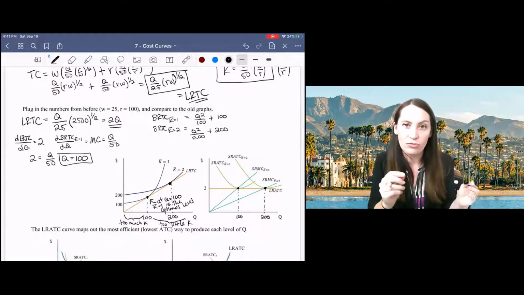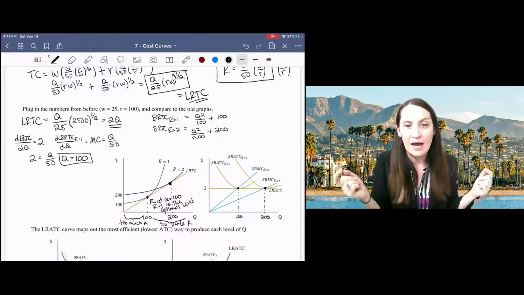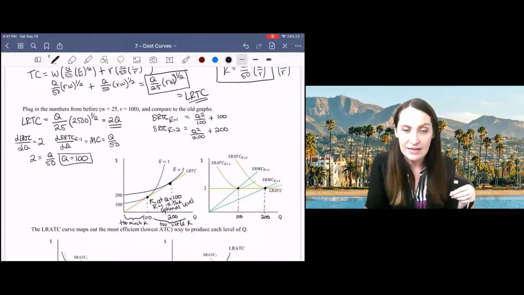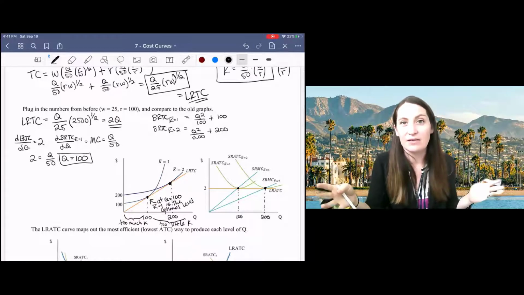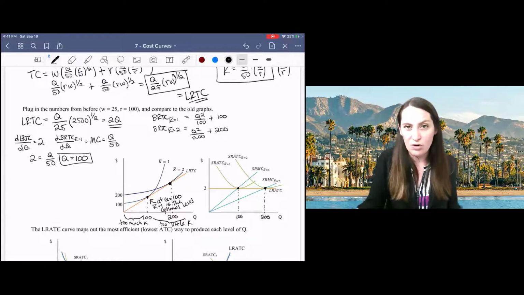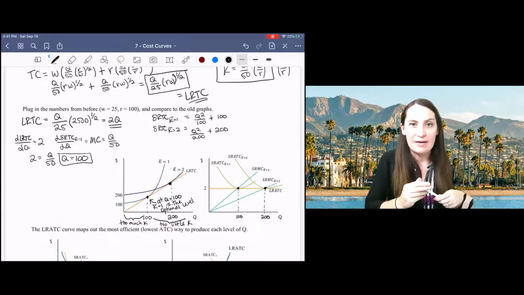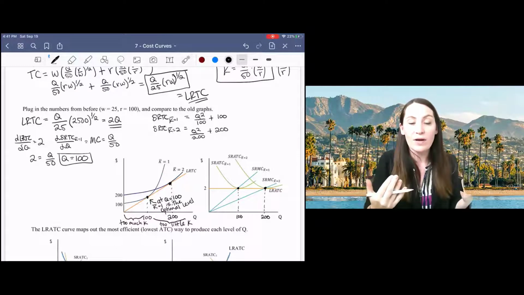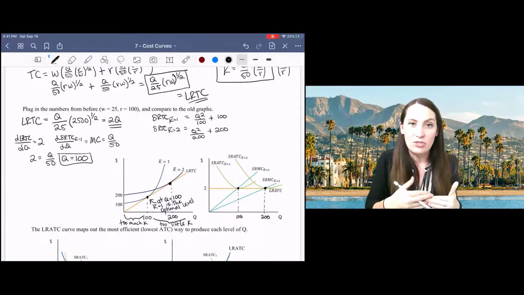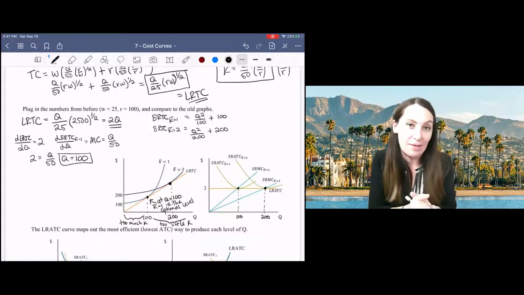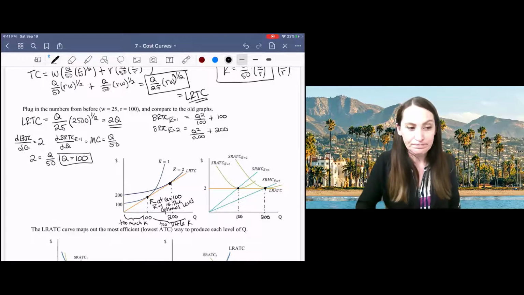So the long run total cost curve shows me how total cost expands at all of the cost minimizing choices of labor and capital. But in the short run, when we might have some fixed capital, then the cost will always be higher or equal to the long run total cost, and they're equal at that point where that's actually the optimal amount of capital for that level of production.